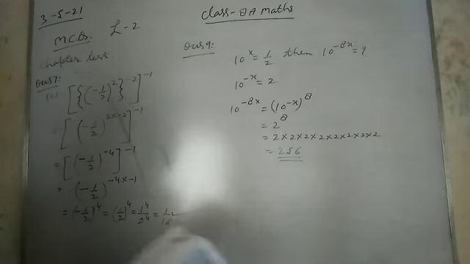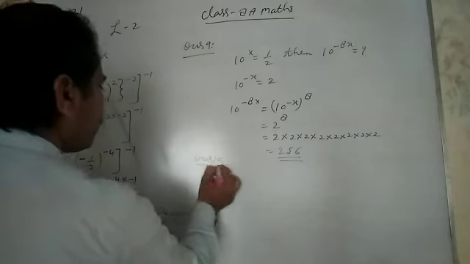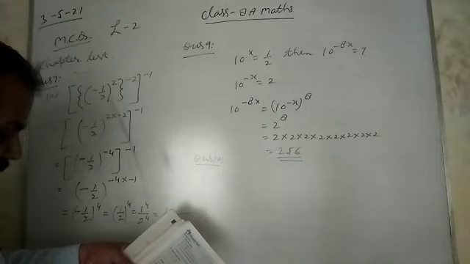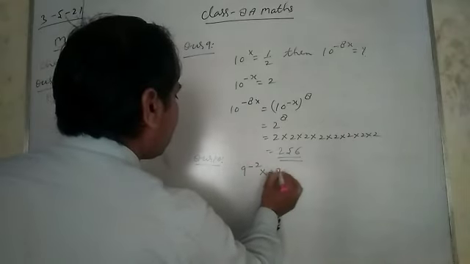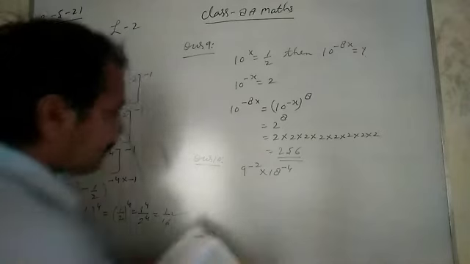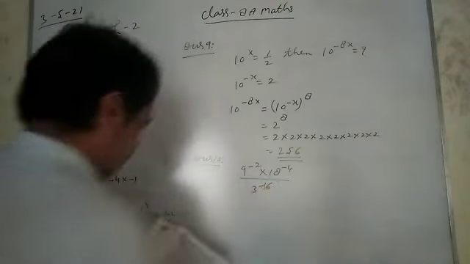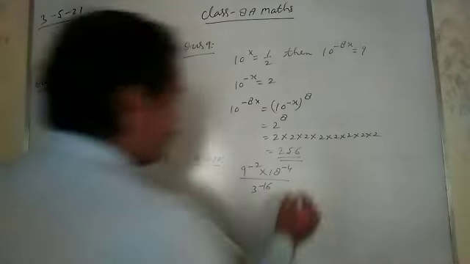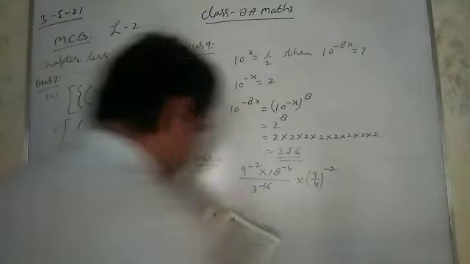Question number 10. 9 power minus 2 into 18 power minus 4 upon 3 power minus 16 into 9 by 4 power minus 2.